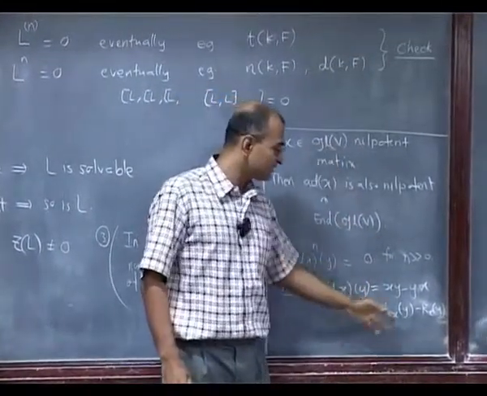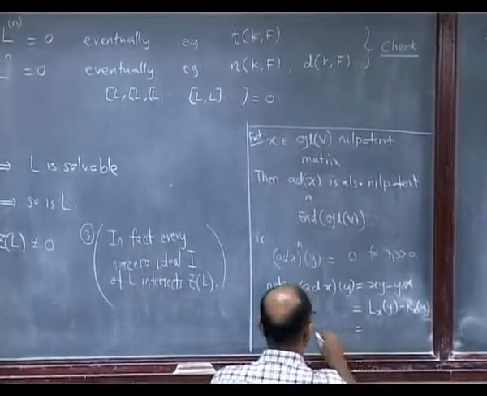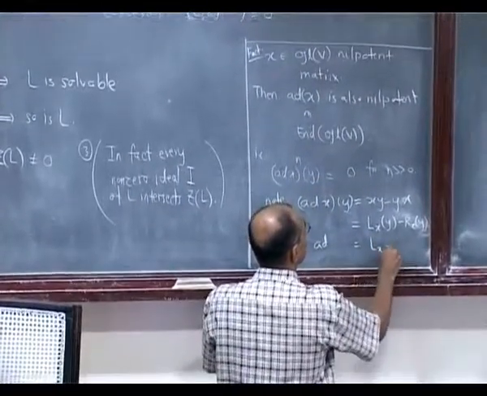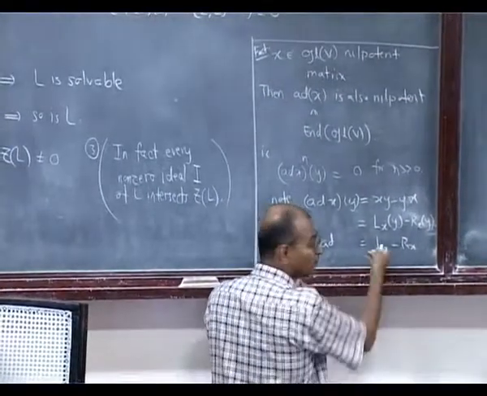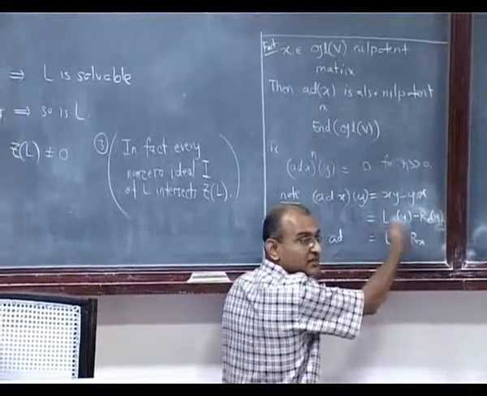So this is L sub x. So in other words, the operator ad x is L sub x minus R sub x. Both of these are nilpotent operators because x to the n itself is 0.